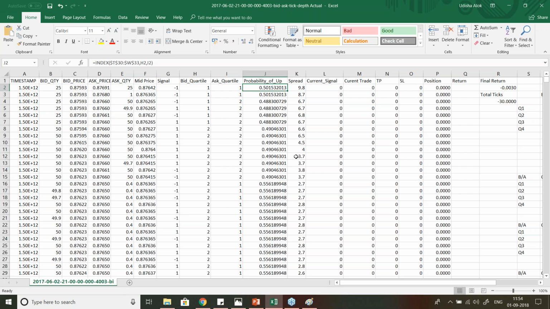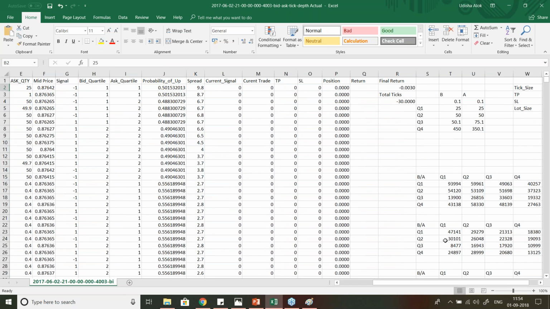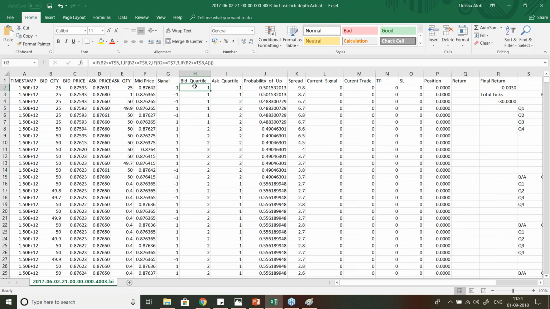Okay, so you guys understood how I got these three signals, three columns. I have just taken this bid quantity, cross-checked with this table, and I have assigned the bid quartile to it. Similarly for ask. So when you have bid and ask in Q1 and Q1, then what is the probability of up?